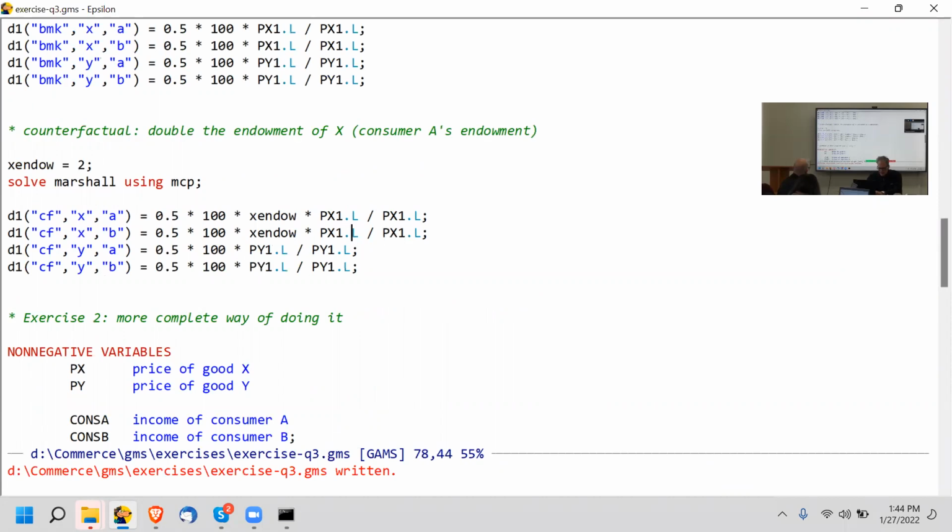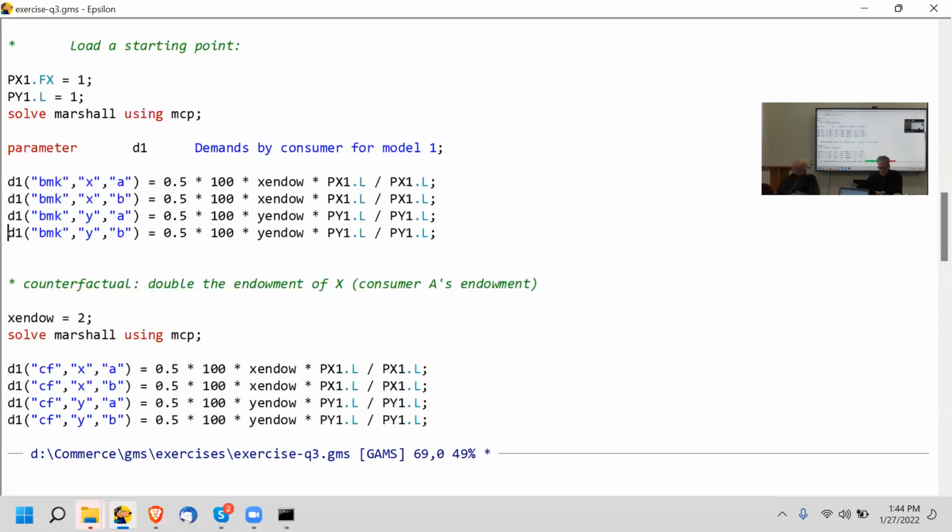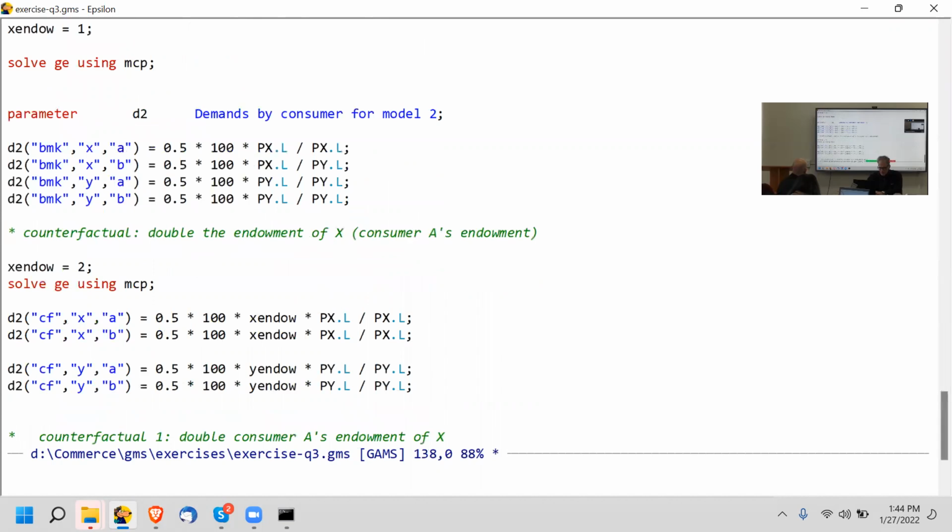This guy should be Y and L to be precise. That's X down and Y and L, and it should be the same thing down here, X and L. Why don't I just do it here?